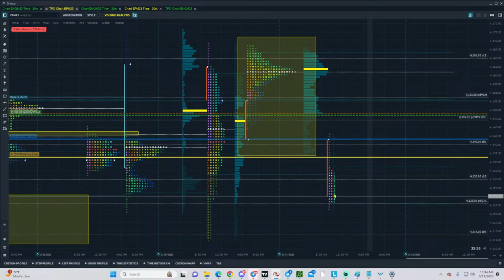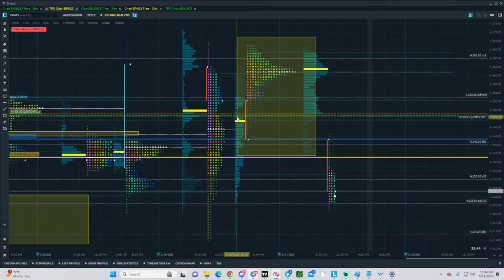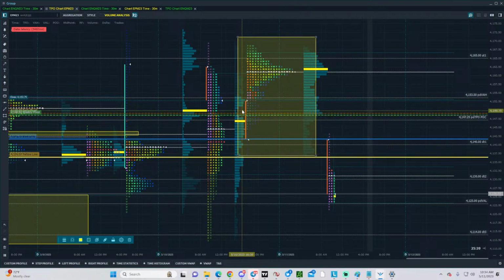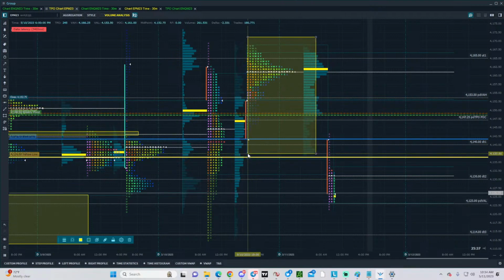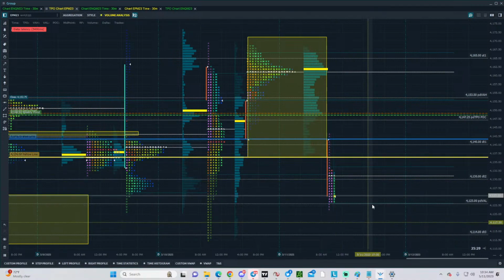The RTH hours are right here, this area here, and this is the one that's printing right now.